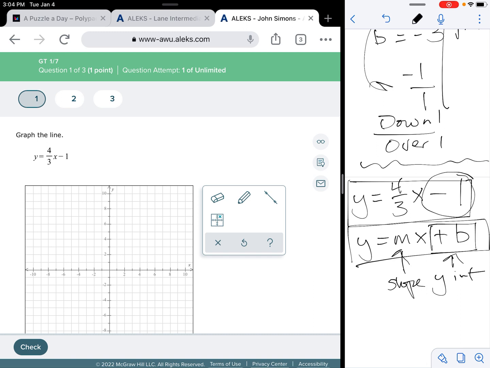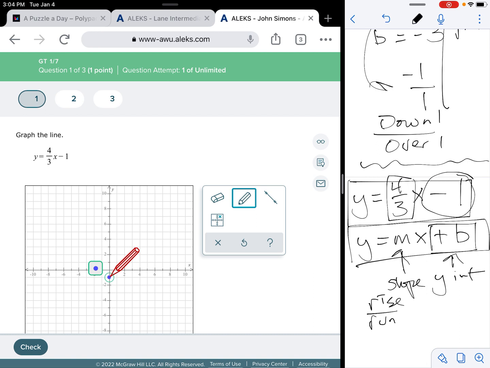Just like the last one, we're going to go to -1, which is 1 unit below 0 on the number line. So we've got that, and now my slope is 4/3. Remember, slope is rise over run.